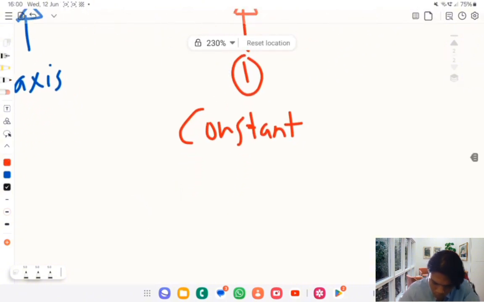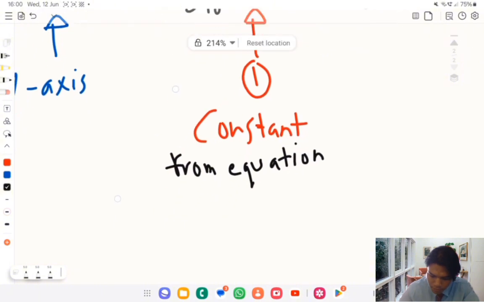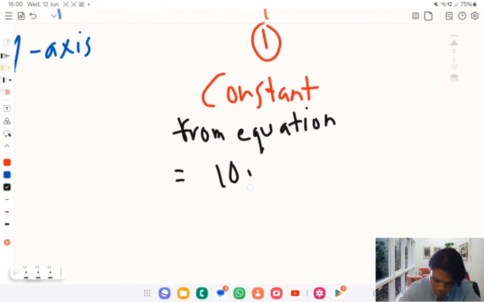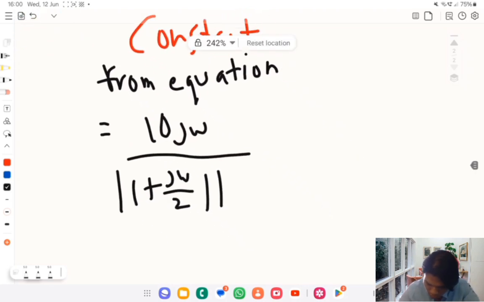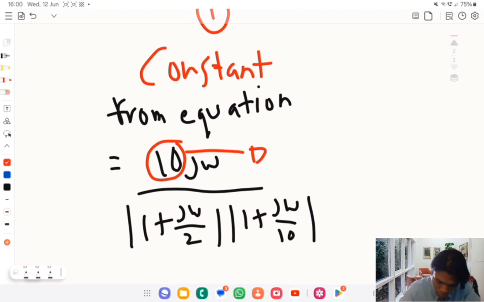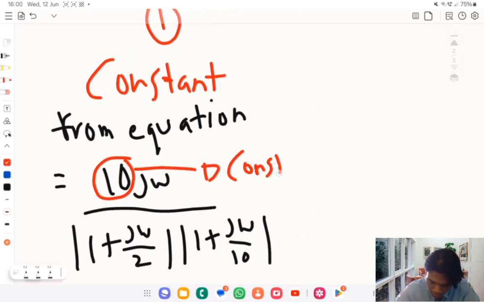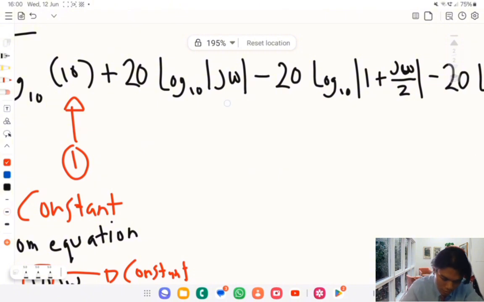So why constant? Because from the equation, it is 10 j omega over 1 plus j omega per 2 and 1 plus j omega per 10. So this will be constant. Okay, the next one is j omega.